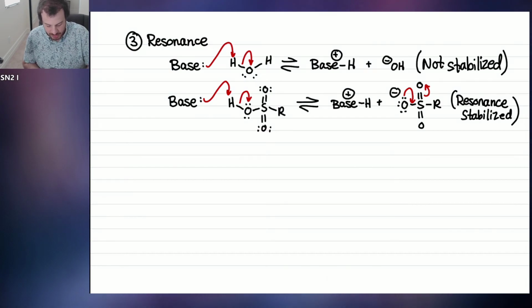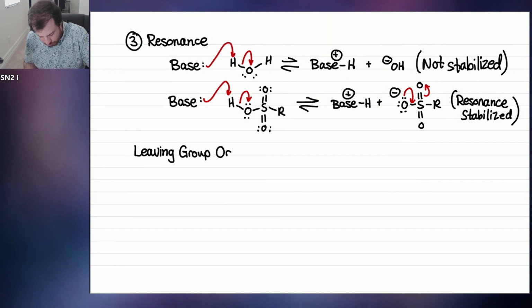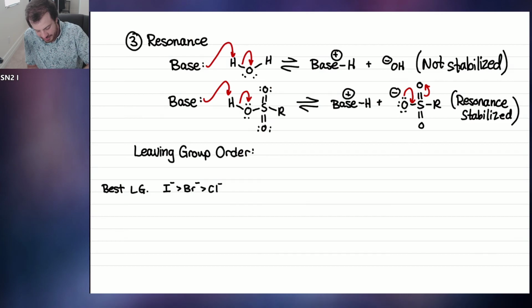Let me just give you the grand order of leaving group, and then we'll call it a day. The very best is going to be on the left, and the very worst is going to be on the right. So as I mentioned before, I- is the best, followed by Br-, followed by Cl-, followed by H2O, followed by sulfonate.